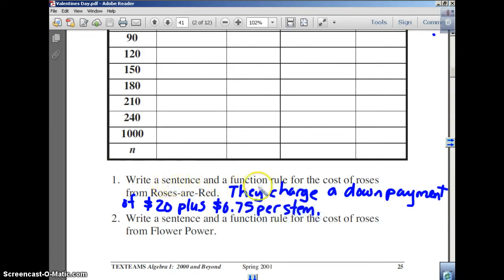They also want you to write the function rule. So we're going to say cost equals what? 20 plus what comes next?